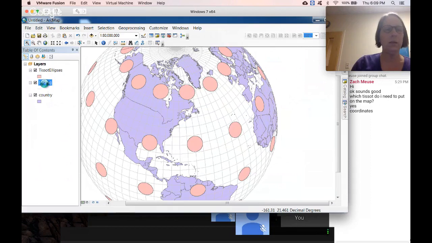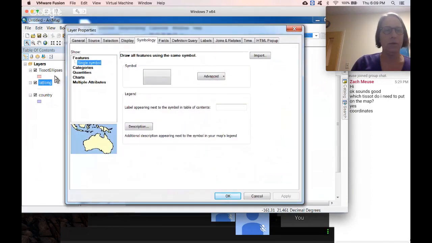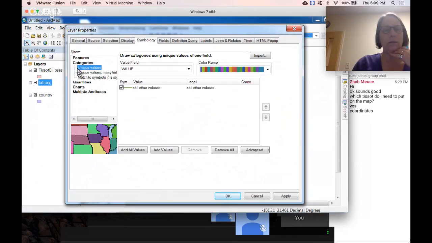So I'm going to double click the lat long layer, and I'm going to choose categories and unique values, and value is fine. We'll keep everything there.